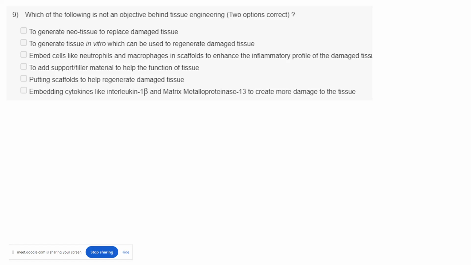We have the next question here. Which of the following is not an objective behind tissue engineering? You have to select two correct options here.